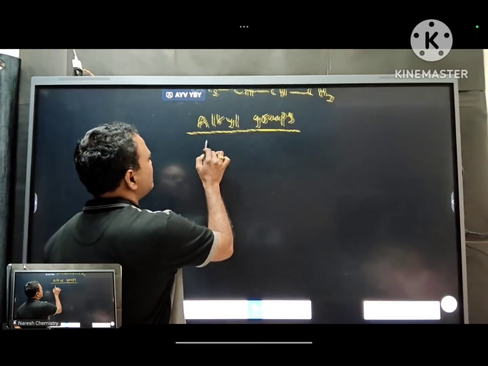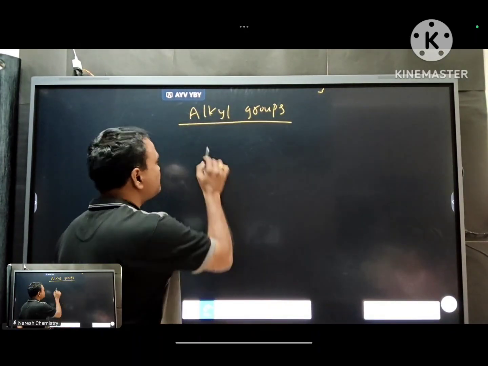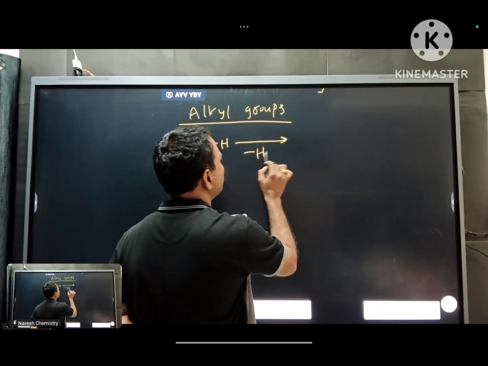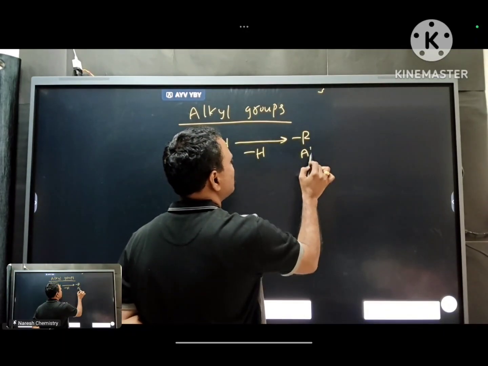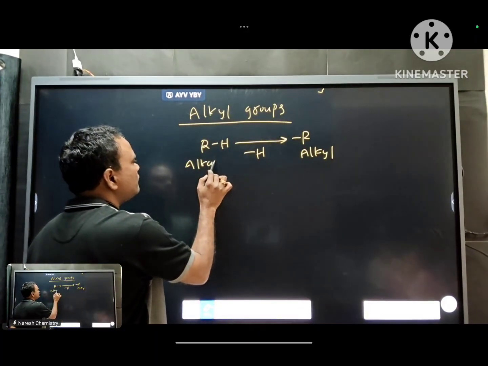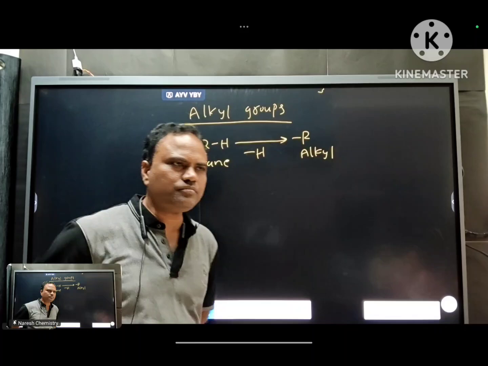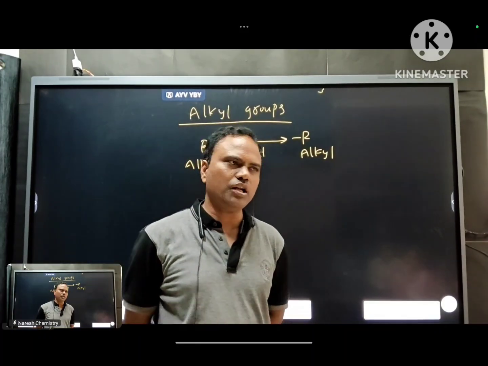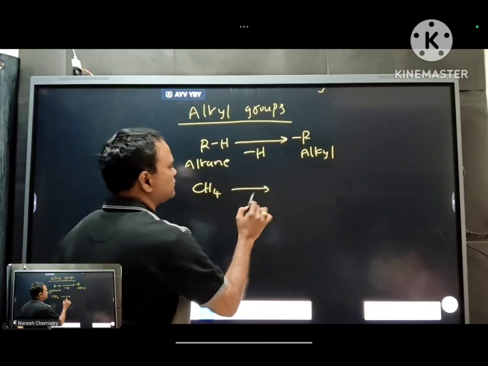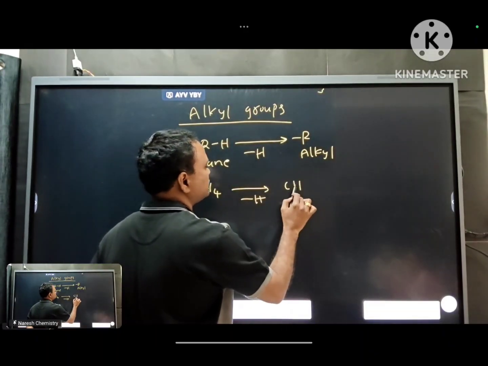Alkyl group. See, if we remove hydrogen from alkanes, we will get an alkyl group. Methane, methyl.